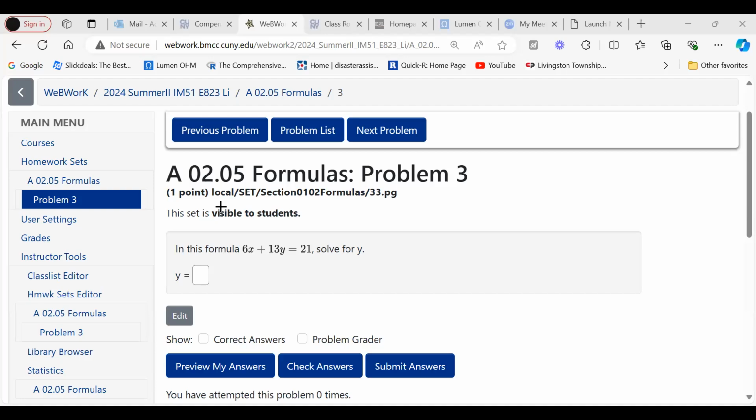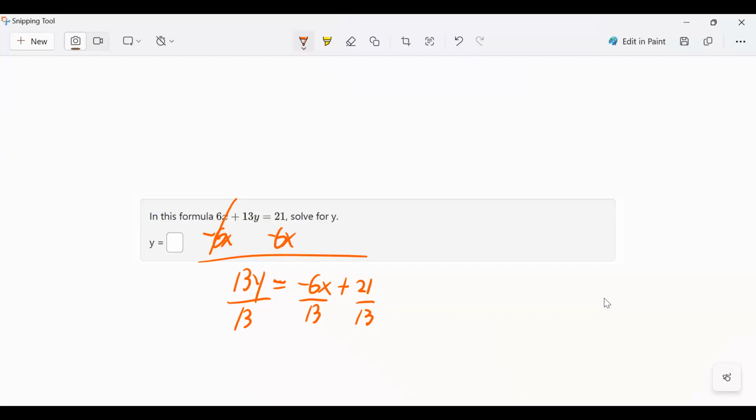Okay. So right here, this is a question we just look at. So we get 6x plus 13y equal 21. So first step, we subtract 6x from both sides of the equation. So the goal is to get 13y by itself. And once we cancel 6x on the left, then only 13y remains on the left.